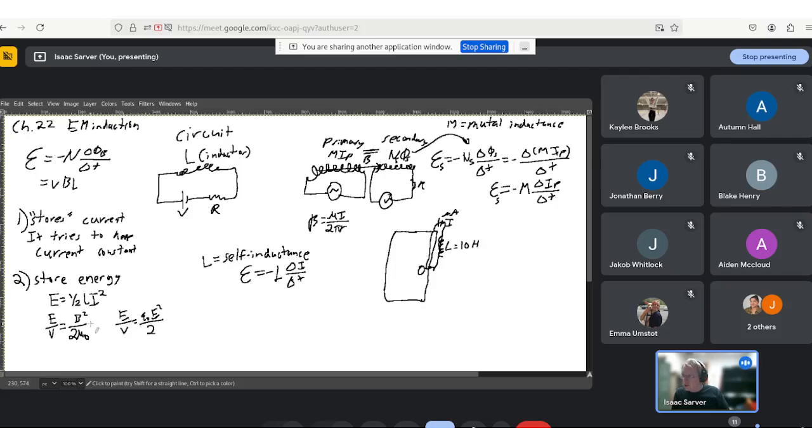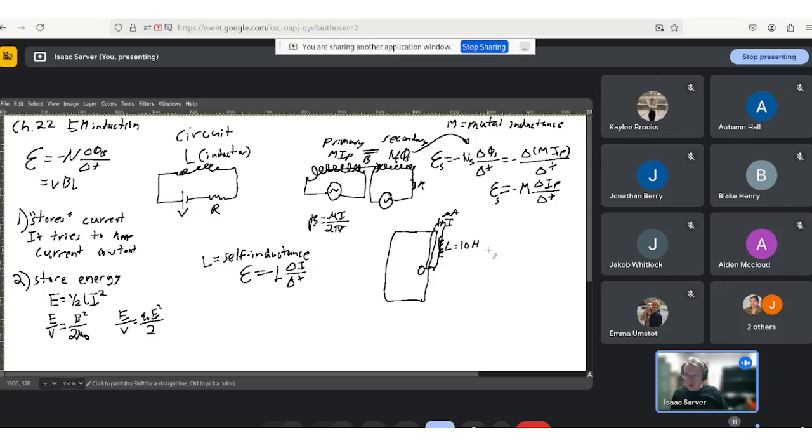And so if you played with your units right, you can find that the energy in the electromagnetic field is B squared plus E squared, to within proper units. We won't do that. We'll just add them together. We probably won't do that either. But I just want to point that out.